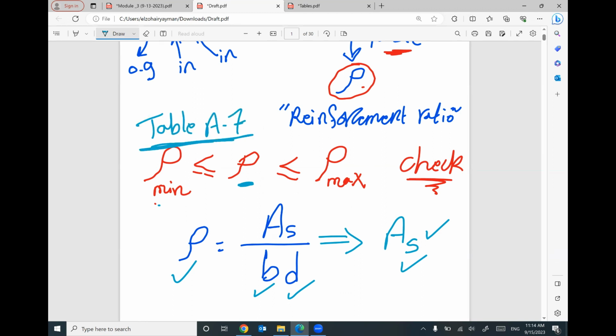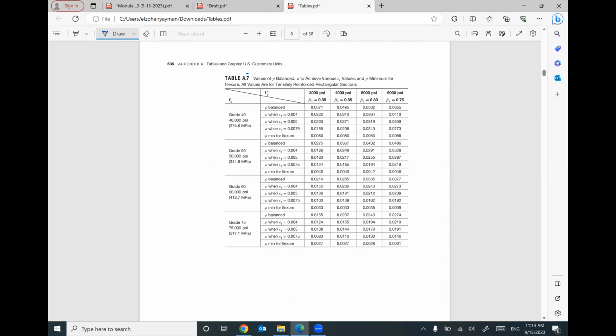In this table A7, we have values for F yield. This is based on the steel reinforcement. I will tell you which grade of steel reinforcement we are using. And this one is based on the value of F prime C.